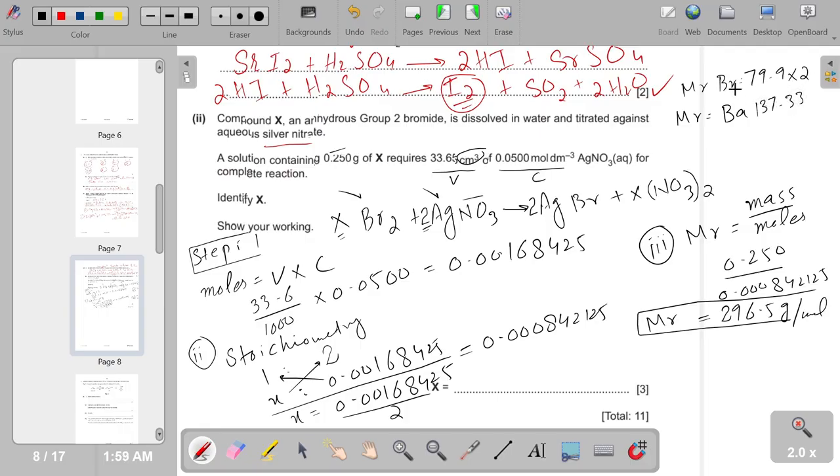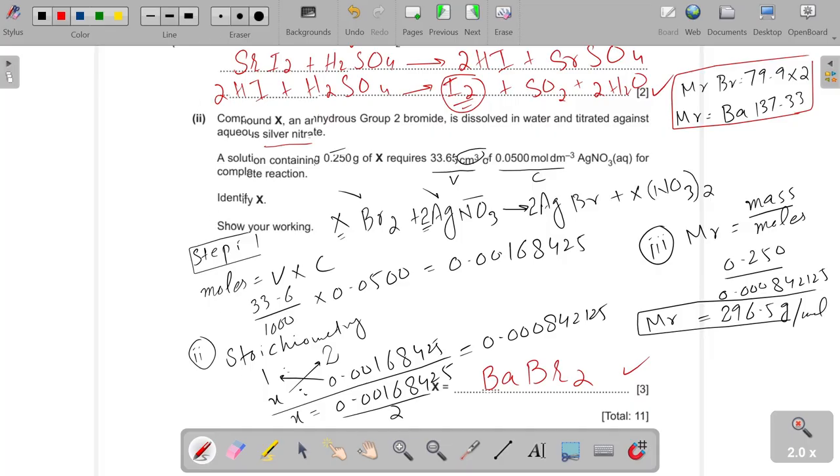If I add them together, we will get BaBr2. Understand? So if you add them together, you will get this answer. Really sorry, space issue.